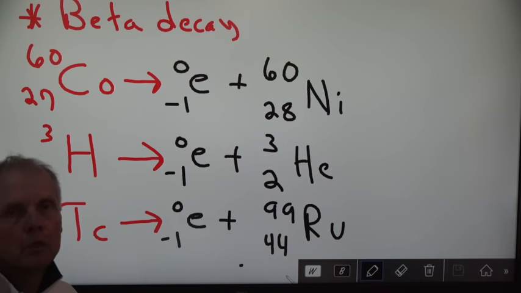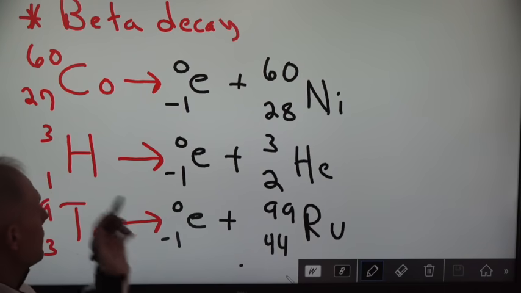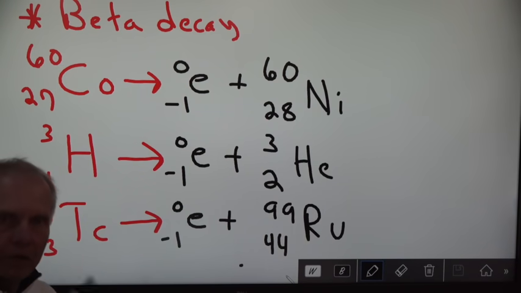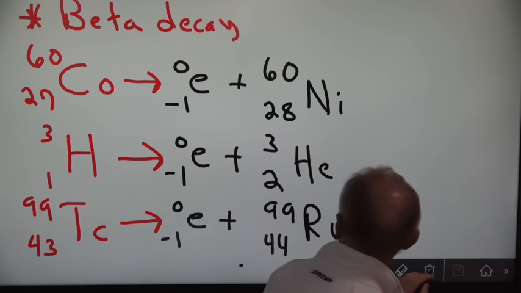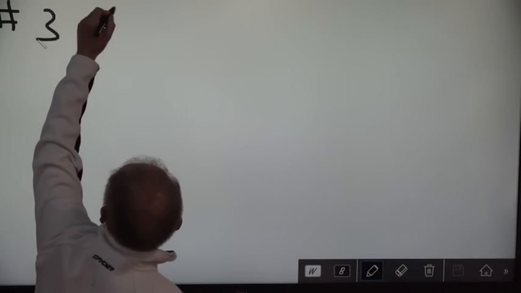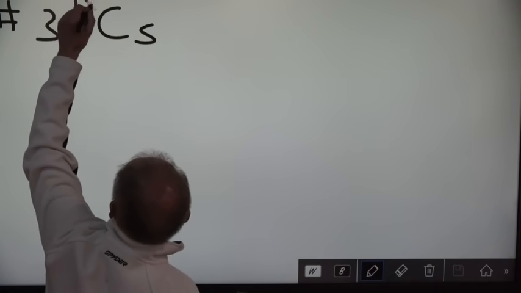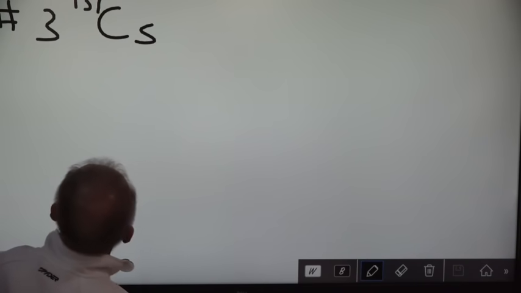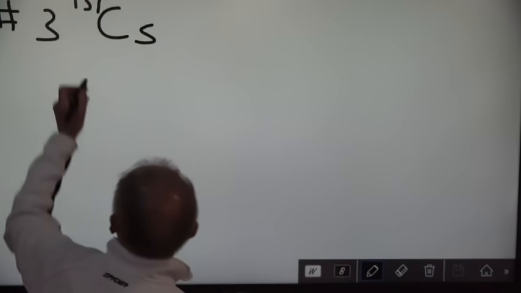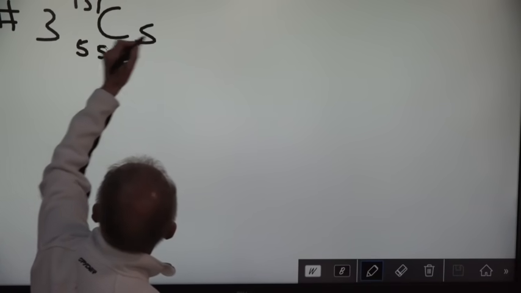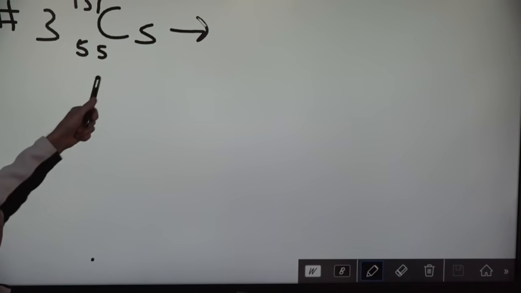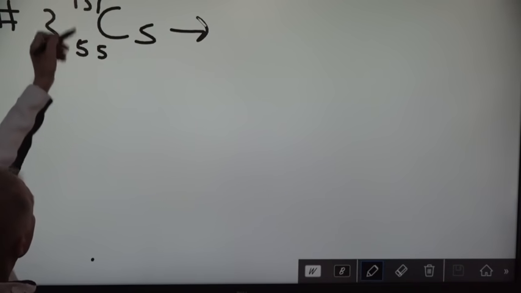Now I'm going to give you 2 to do. So I have question 1 and question 2. This is going to be question 3 and question 4. Cesium 137, and let's look for the atomic number for cesium. It's 55. So you're going to do cesium 137, 55.